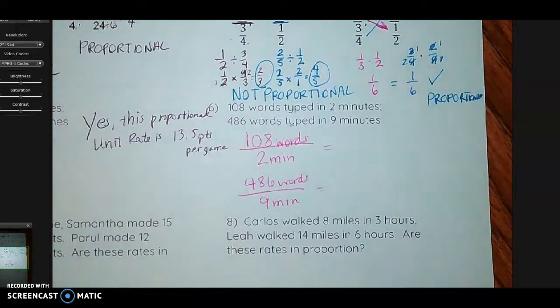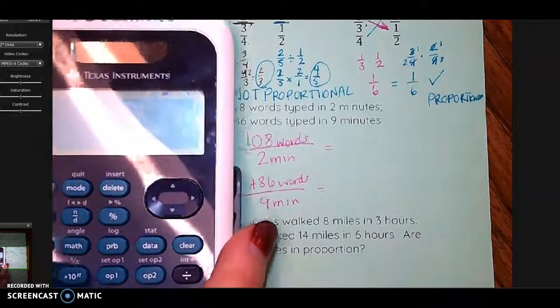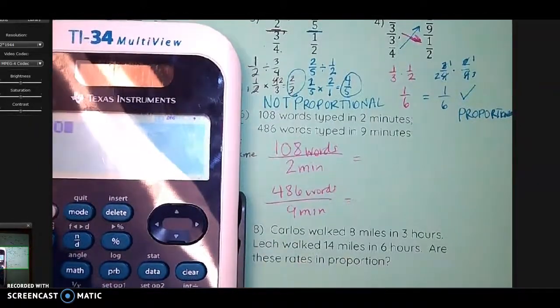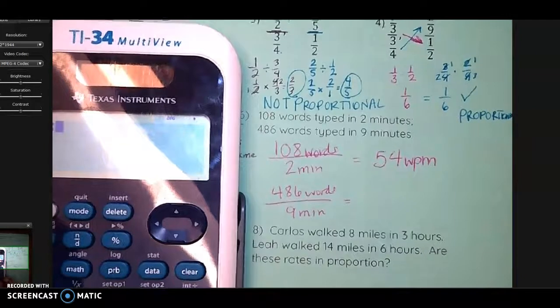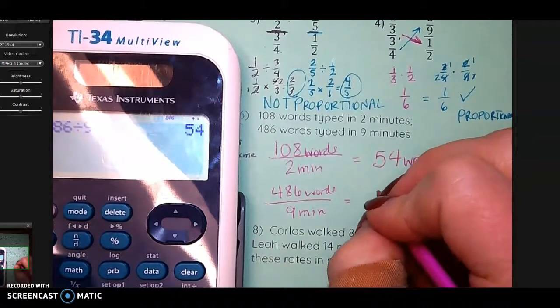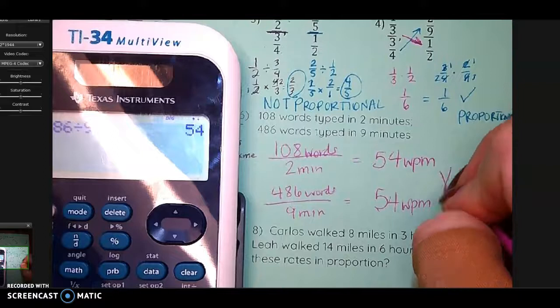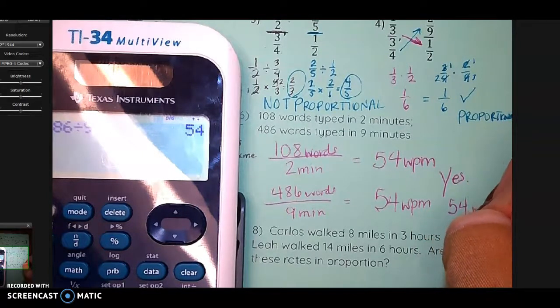When I do this division problem, I don't know what the glare here, if you can even see this, but 108 divided by 2 gives me 54 words per minute, and 486 divided by 9 also gives me 54 words per minute. So yes, this is proportional, and the unit rate is 54 words per minute.